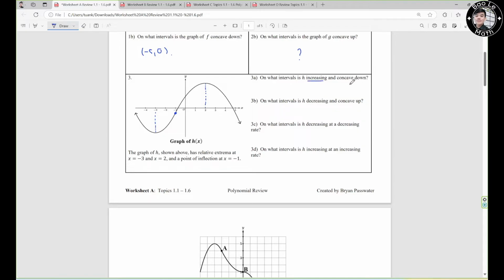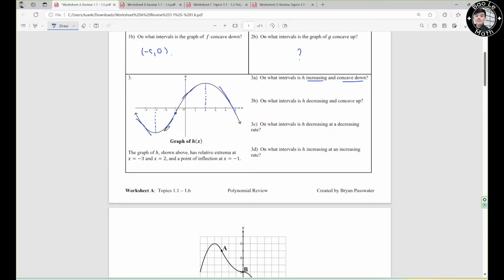Increasing and concave down. So again, you're going to draw the tangent lines, right? You draw this tangent line, this tangent line, and this tangent line right here. Now increasing means the slope is positive, so only this guy and this guy, the slope is positive.